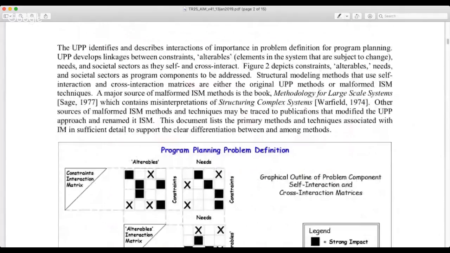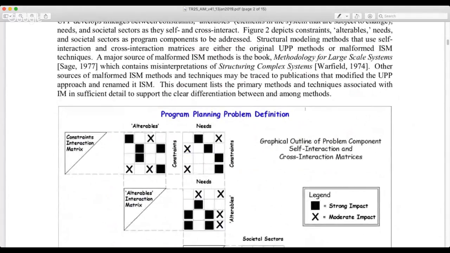And it identifies and describes the important interactions and definitions in between them. One of the key characteristics of unified program planning is the interaction matrices, the self-interaction matrices, and then the cross-interaction matrices.